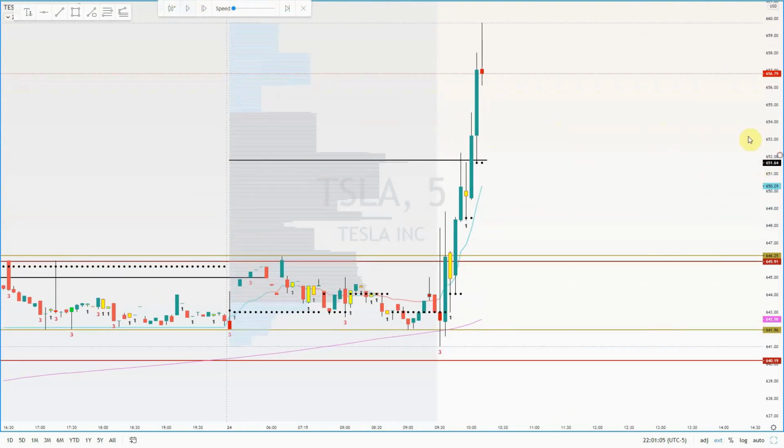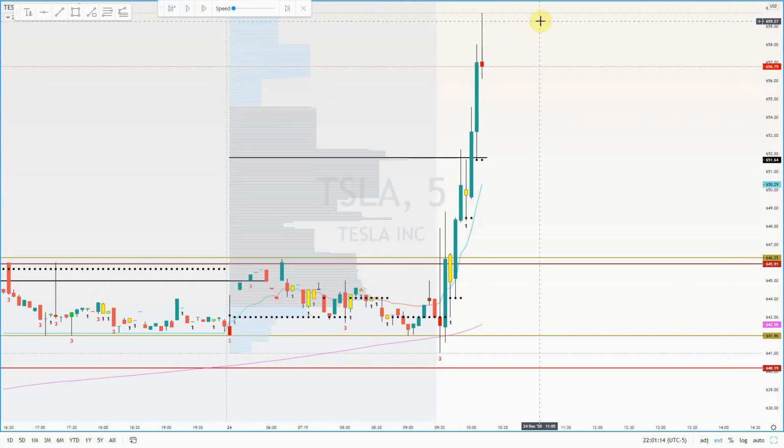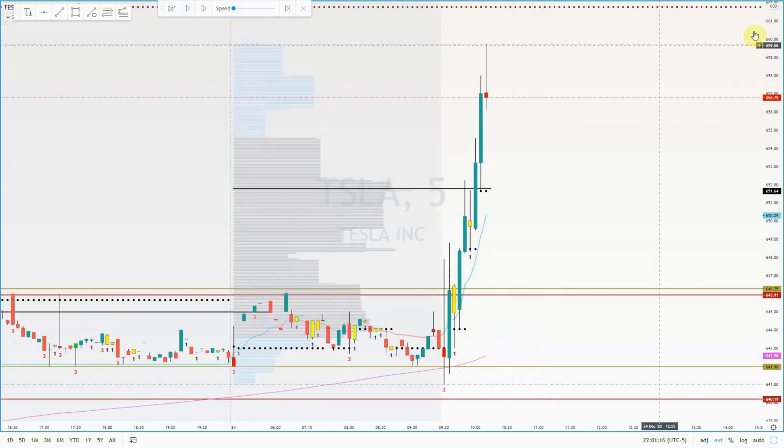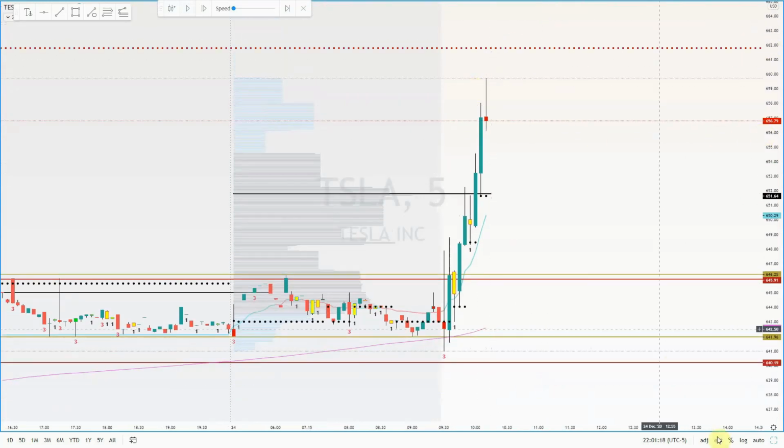So one thing I want you to notice, see how there's a lot of volume here and that volume pulls way back. You notice that price takes a little dip here. That's where I would have been out.